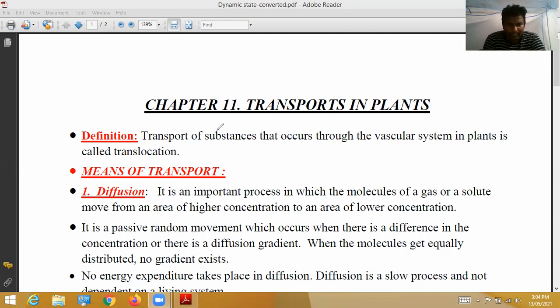See here, the definition. First, transport in plants. Transport of substances that occurs through the vascular system is called transportation.